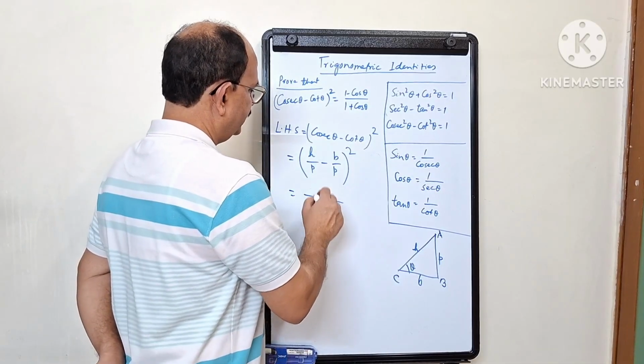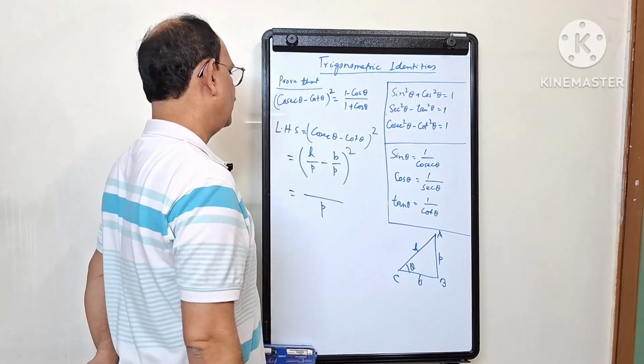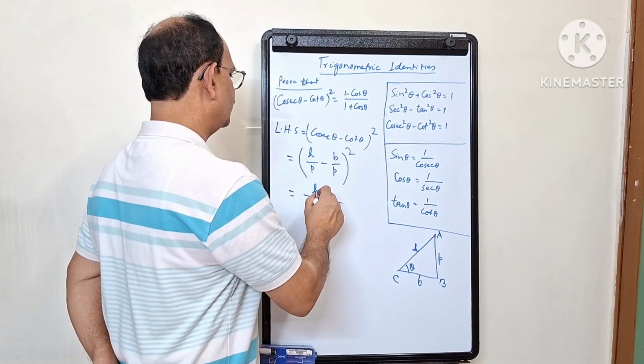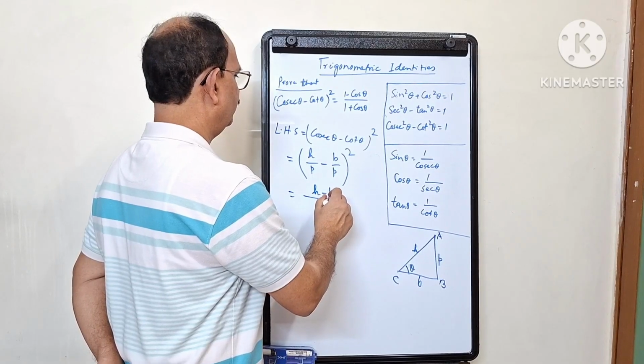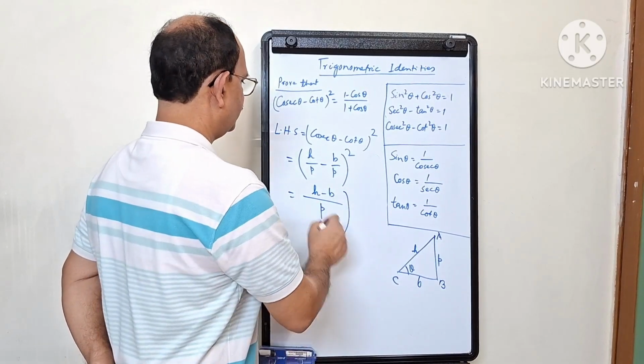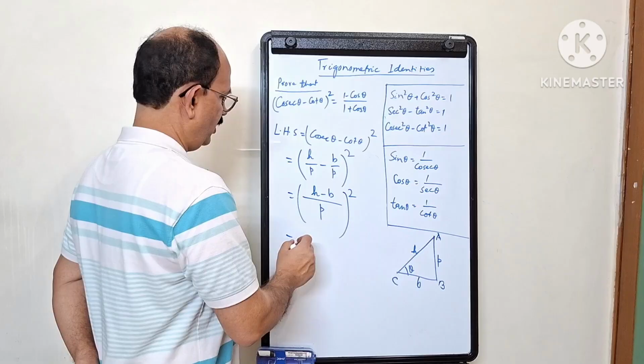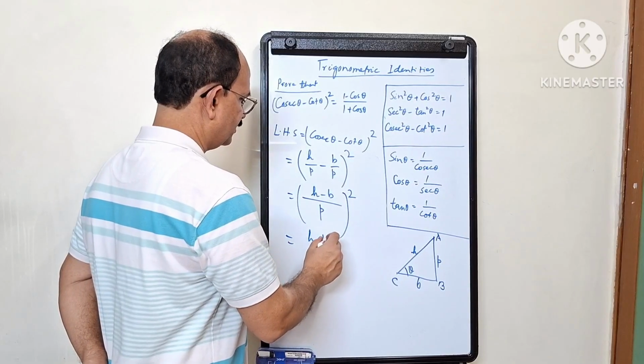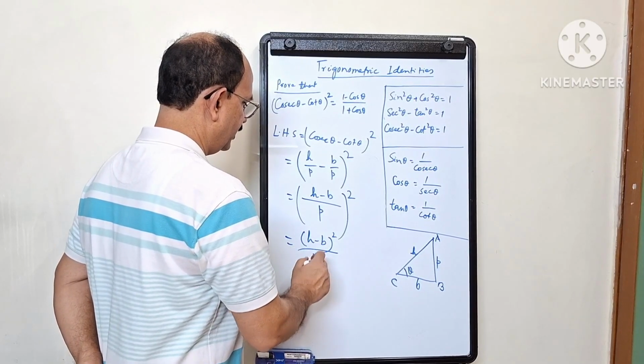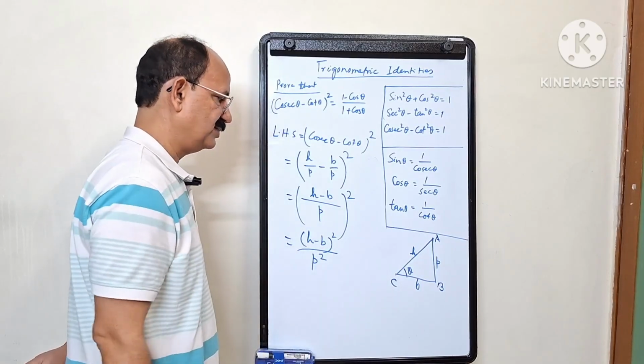And then I can take this LCM. So this becomes h minus b, and this is the whole square. Now I can write this as h minus b the whole square divided by p square.